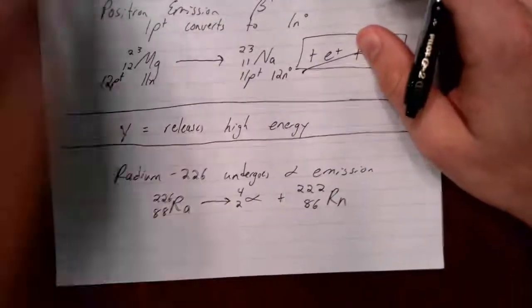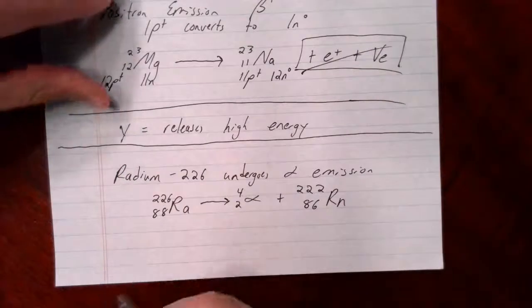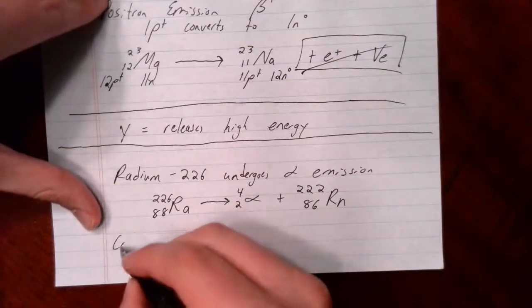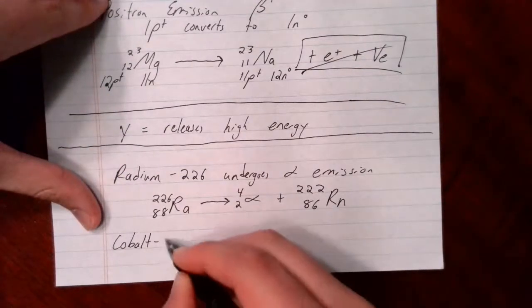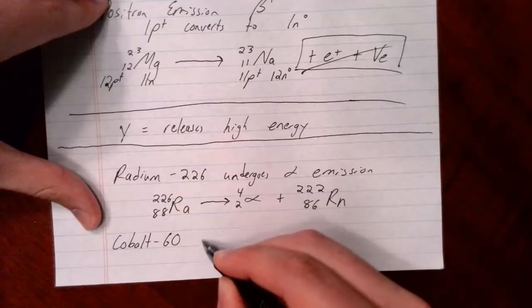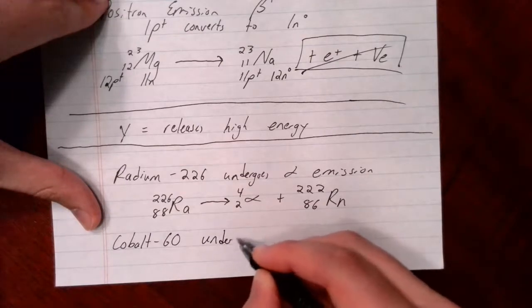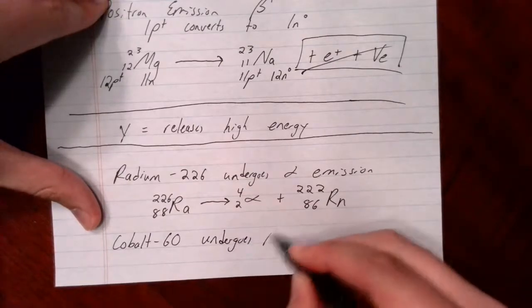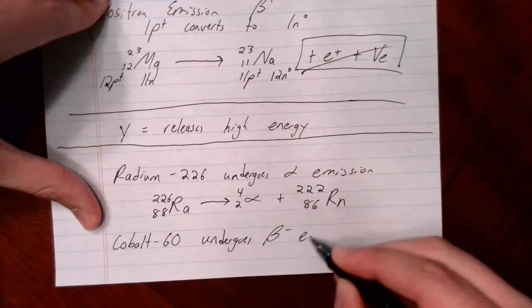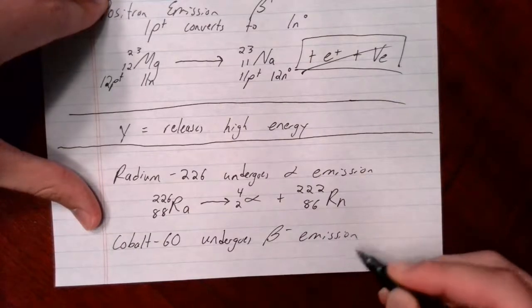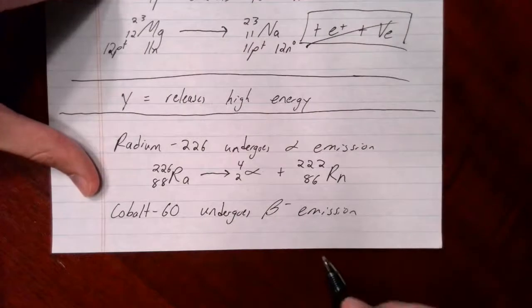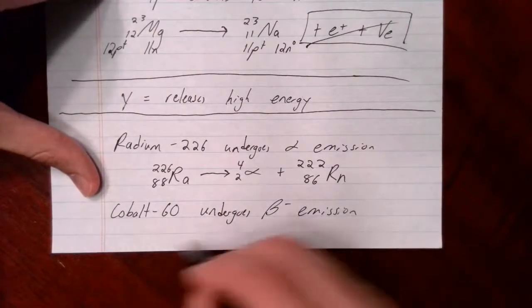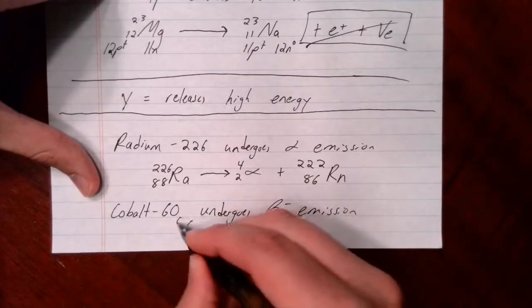So let's look at one more. Let's look at the first part of number 24, where it says Cobalt 60 undergoes, I believe it says beta emission, or beta decay here. So if I look at my original problem, I have Cobalt 60.